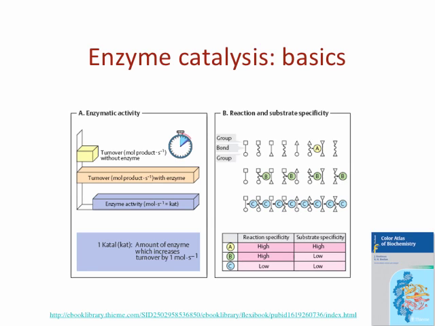Furthest to the right in the same row, we have a squiggle bond and 2 triangles pointing opposite to one another, representing a different compound. And if the enzyme does not act on that, it has a very high substrate specificity and only cleaves that bond, the squiggle bond, when it's between the circle and the triangle pointing upwards.